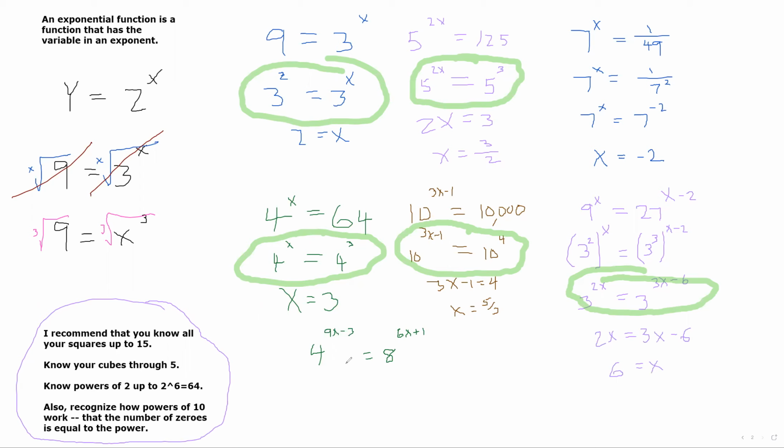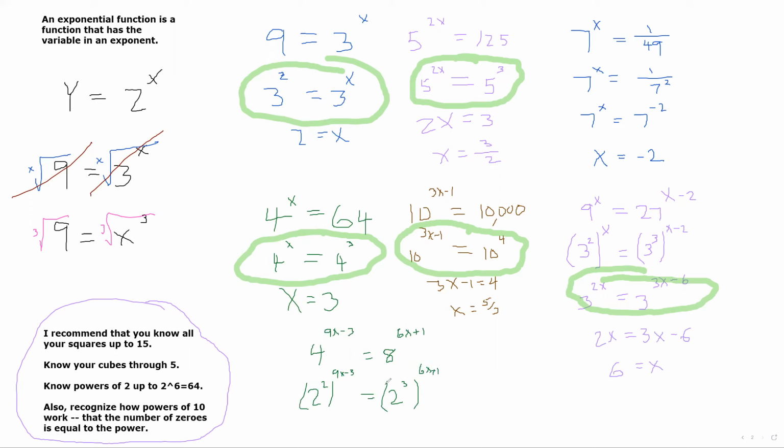We got to go, what do I do with the 4 and the 8 to make them match? And the answer is we're going to treat them as both powers of 2. 4 is 2 squared, and 8 is 2 cubed. And I just realized that I used numbers that are probably not going to work out here. Oops, what am I doing? 6x plus 1.